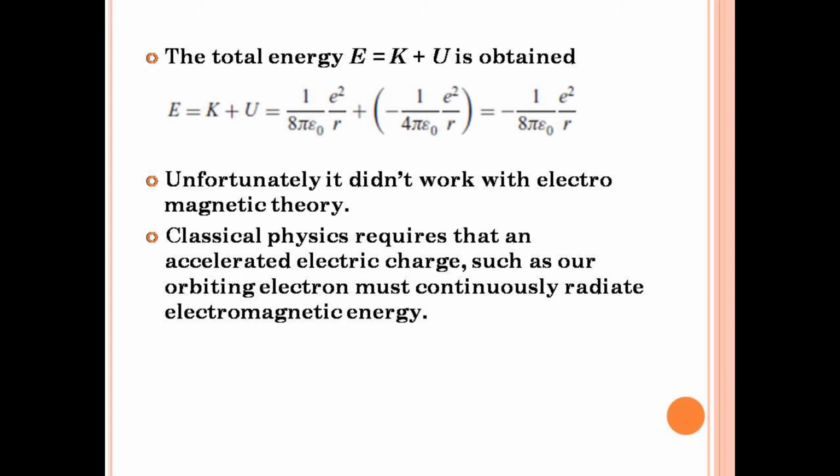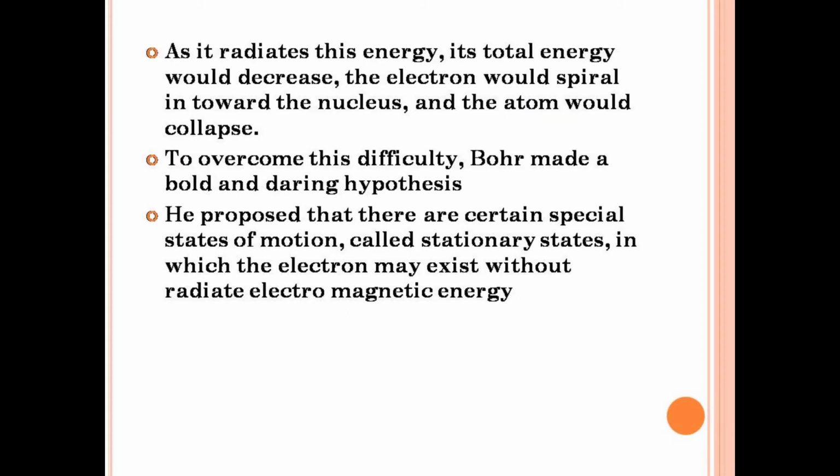In other words, classical physics requires that an accelerated electric charge such as an orbiting electron must continuously radiate electromagnetic energy. As it radiates this energy, the total energy would decrease and the electron would spiral in towards the nucleus and the atom would collapse. This is the major problem. To overcome this difficulty, Bohr made a bold and daring hypothesis.